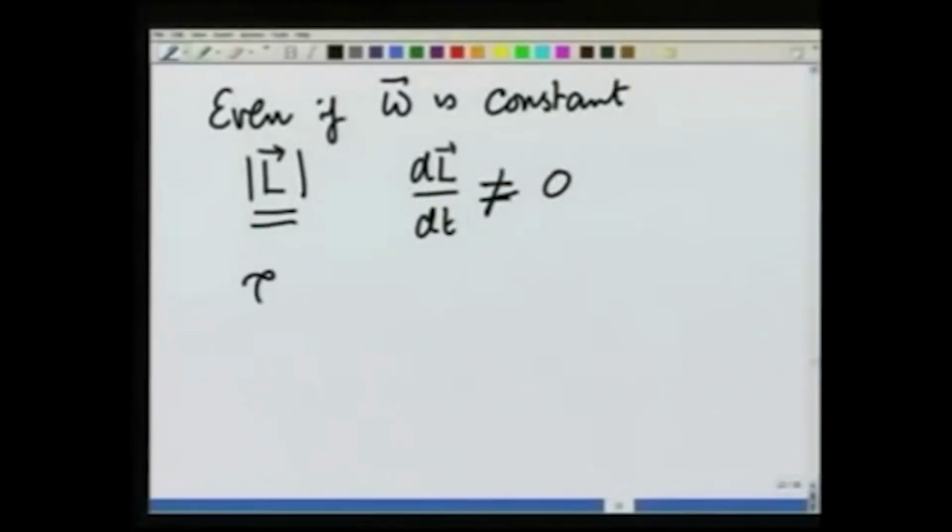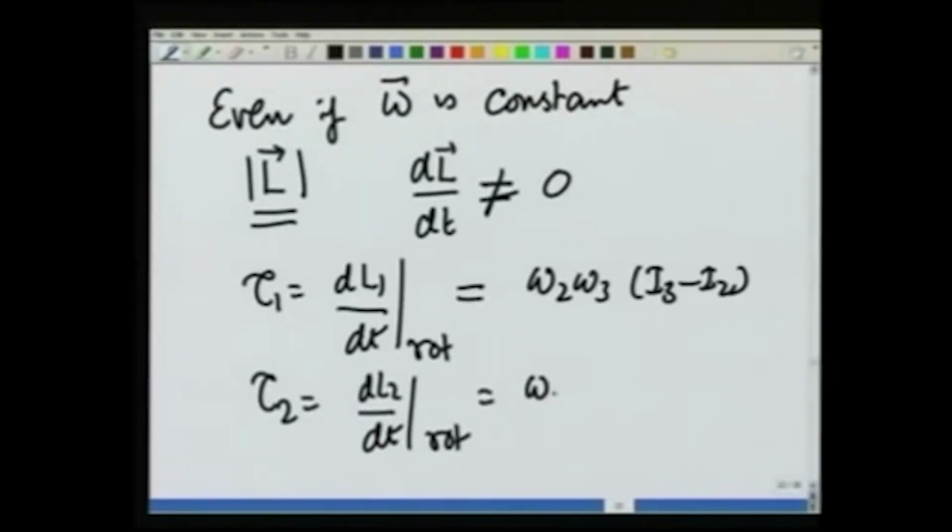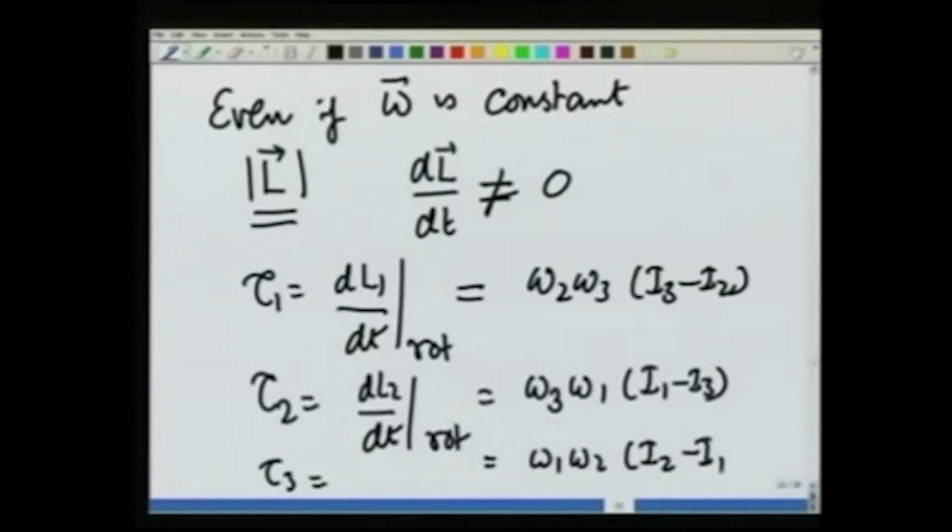We could calculate the torque either by using the general equation, which was tau 1, which is dL1 by dt, purely due to the effect of rotation, equal to omega 2 omega 3 I3 minus I2, tau 2, which was dL2 over dt, purely because of rotation, equal to omega 3 omega 1 I1 minus I3, and tau 3, which was dL3 by dt, purely because of rotation, equals omega 1 omega 2 I2 minus I1.